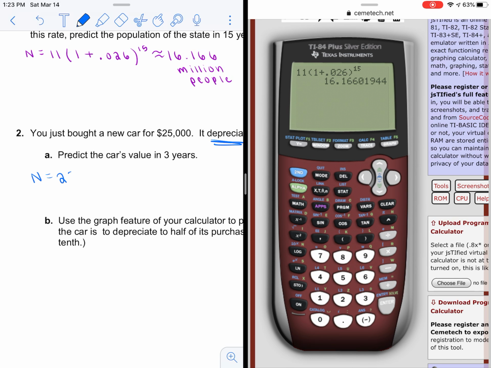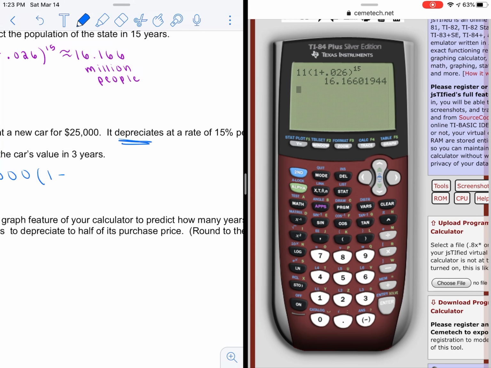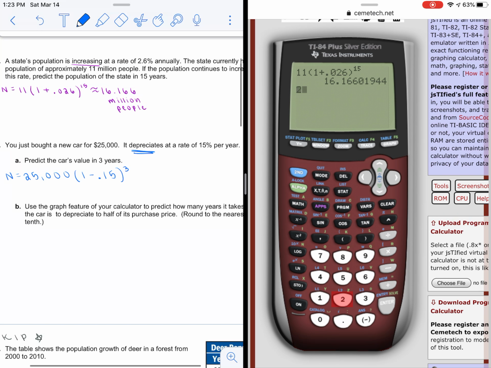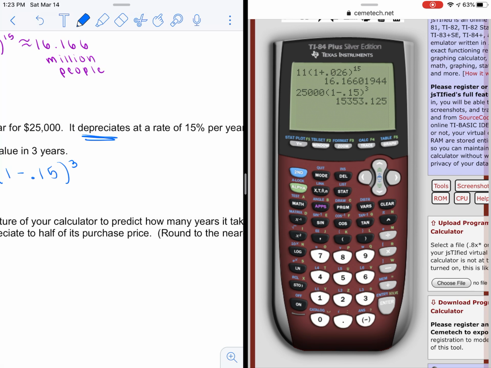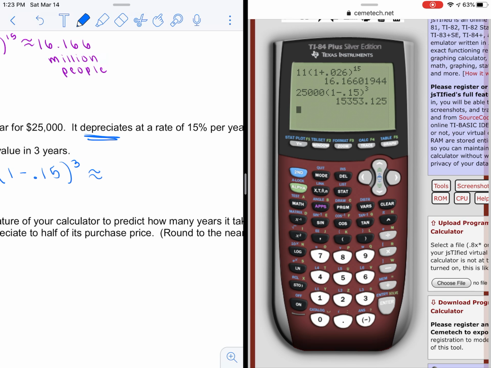We're going to fill in our initial amount, but instead of doing 1 plus the rate, we're going to do 1 minus the rate of 0.15 and fill in a 3 for our time. So we have 25,000 and then in parentheses 1 minus 0.15 all raised to the 3rd power, and that'll tell us how much our car is worth after 3 years.